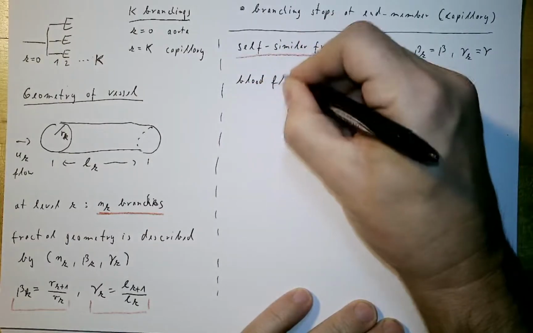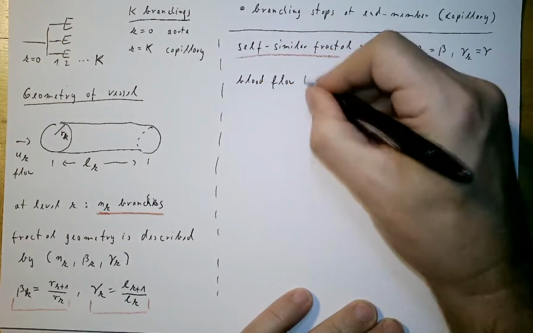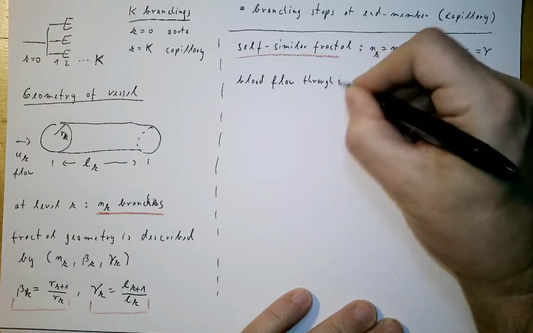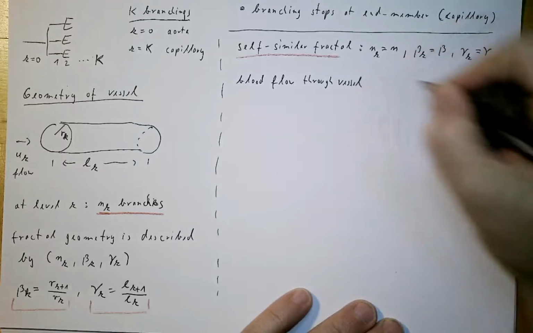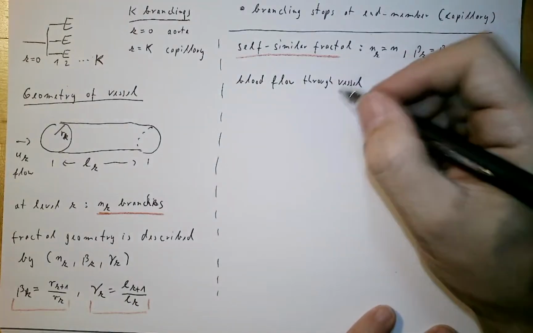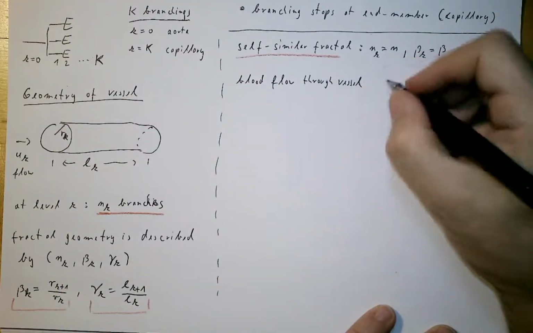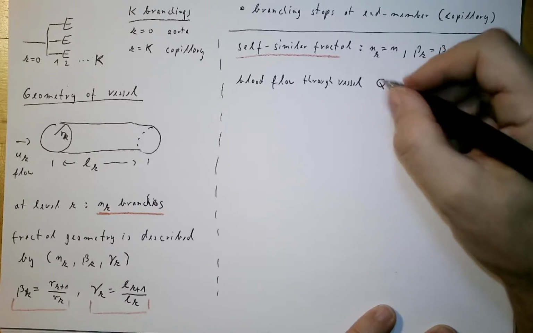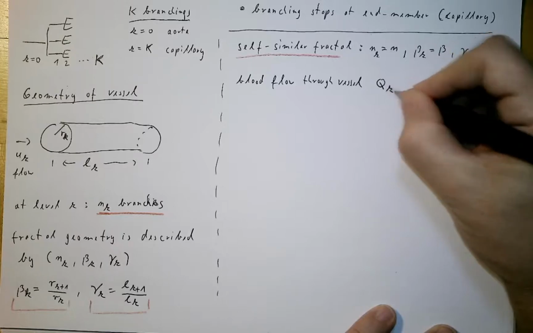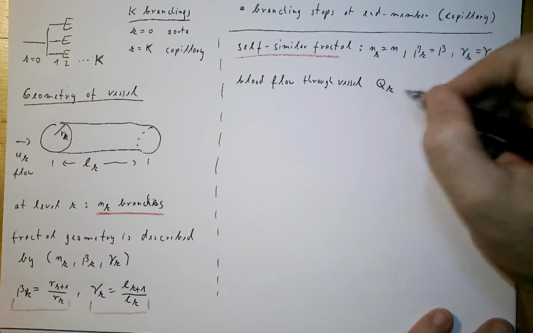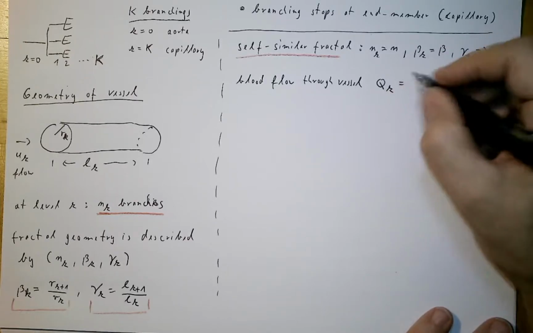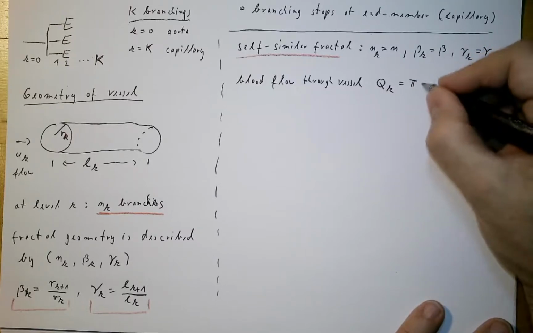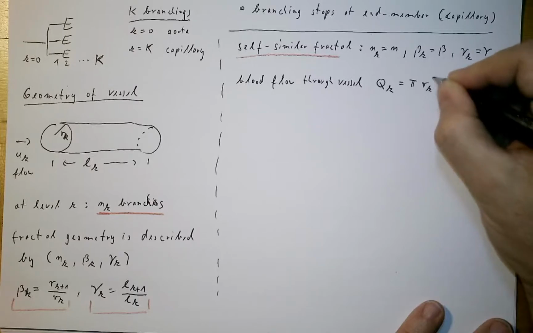The blood flow through a vessel, okay, we call this Q the flow at level K, and the blood flow should be proportional to the area, pi r_k squared.